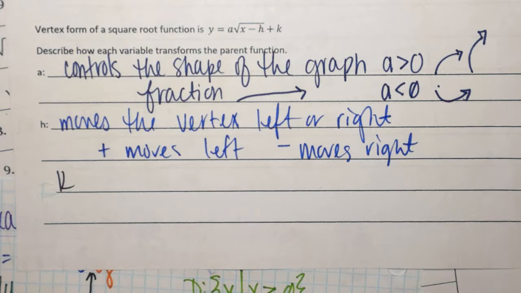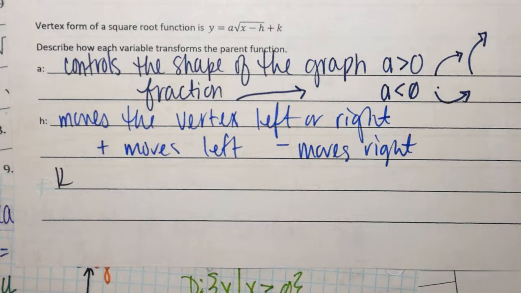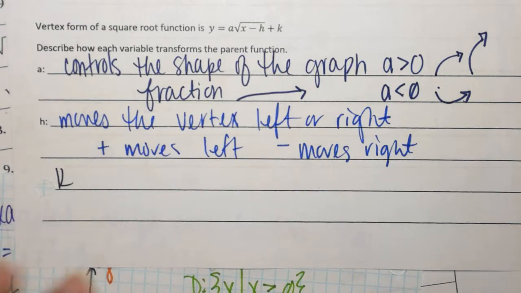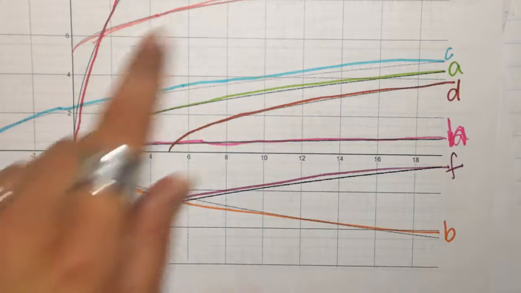What does K do? The number on the outside. Find one that has the number on the outside and tell me what it does. How far you go up? What did this plus 5 do to it? It moved it up here, right? So E was up here.